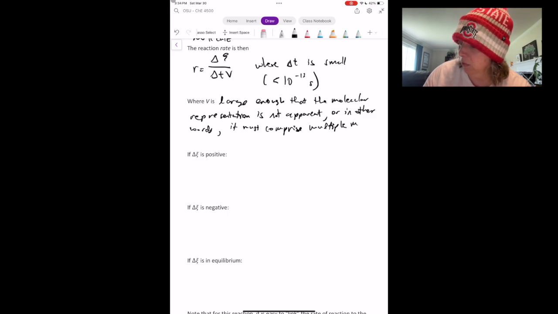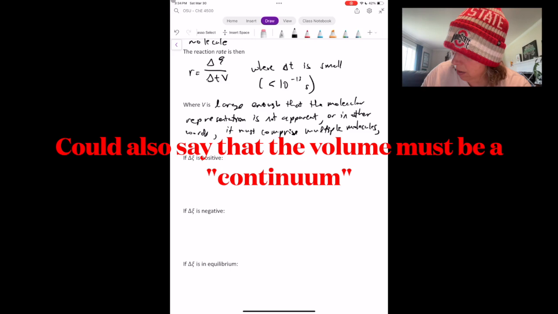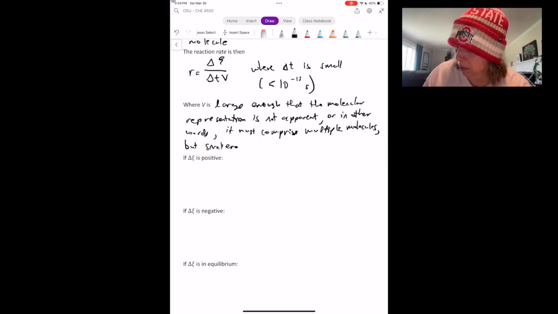And by multiple, I don't just mean 2 or 3, I mean a lot. And it must be small enough that the well mixing assumption is valid.